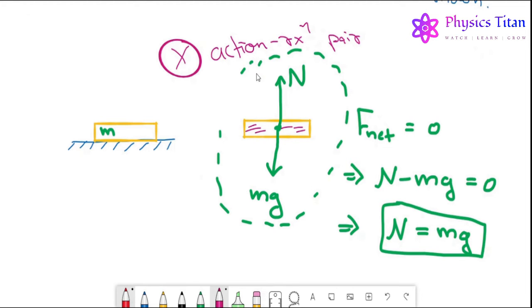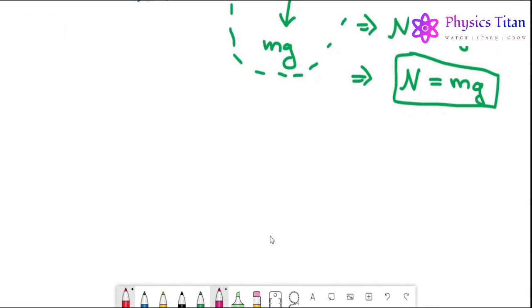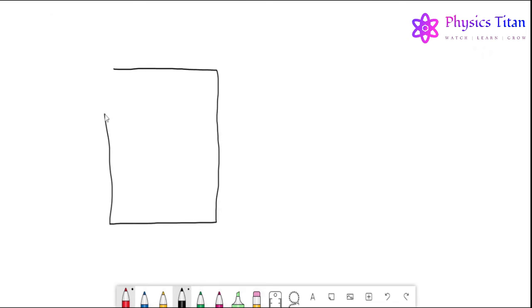Now let us take another illustration. Suppose the table and the book are placed inside a lift, an elevator. So suppose this is the elevator, the lift, and this is the table inside it, and on the top of the table this is our book.